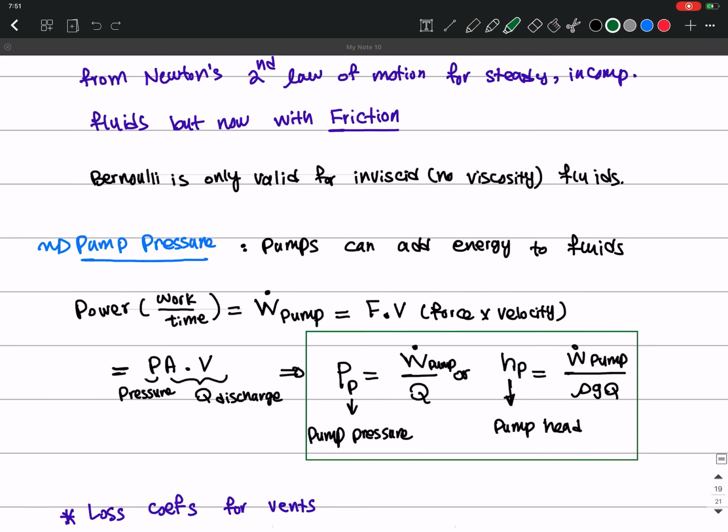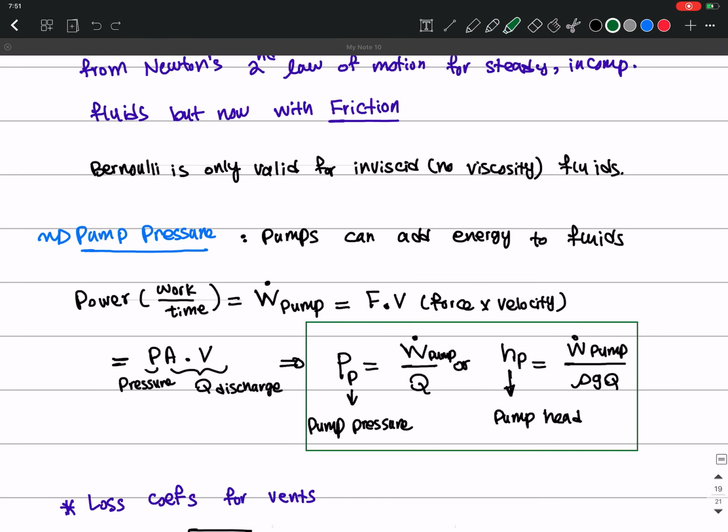And then we defined the pump, which is the power added to the system, like through shafts. We define the pump pressure as W dot, the time rate of work or the power of the pump, over Q, which is the discharge.